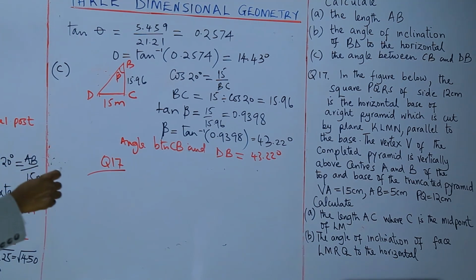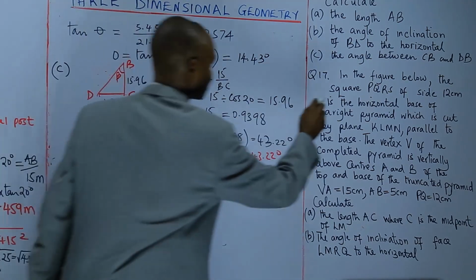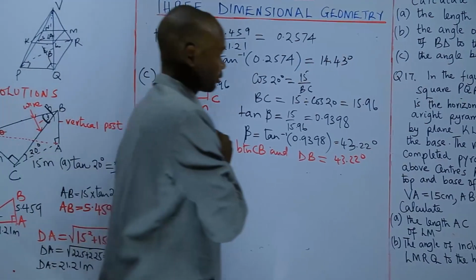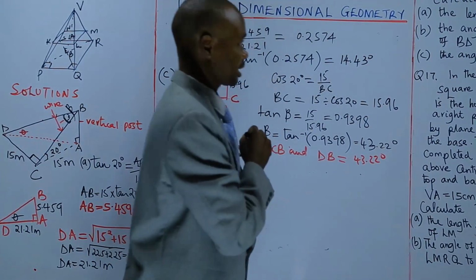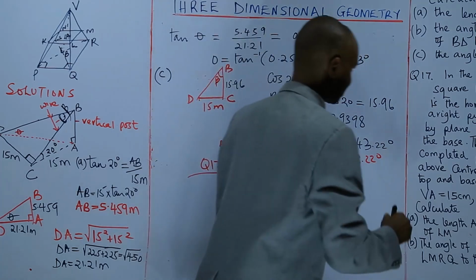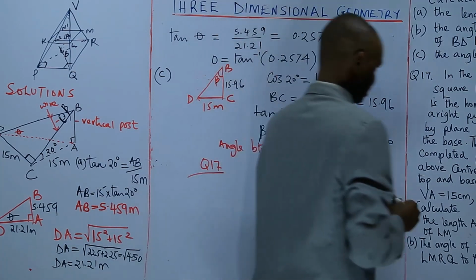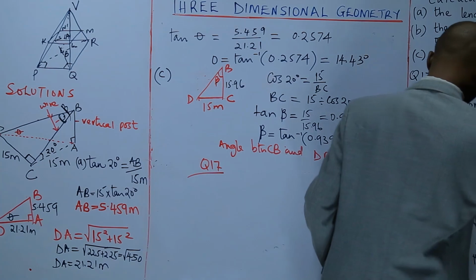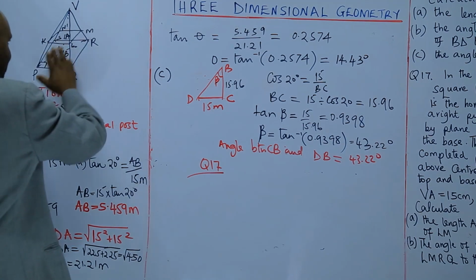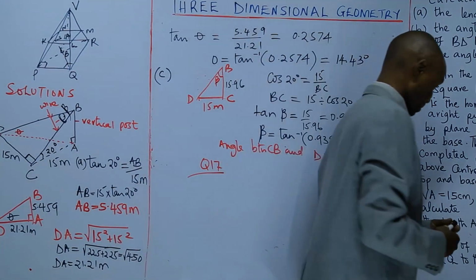PQRS is the base of a square, the horizontal base of a right pyramid, which is cut by plane KLMN horizontally parallel to the base, and there is a vertex V. The vertex V of the complete pyramid is vertically above the centers A and B. A is the center of that horizontal plane, and B is the center of that square base of the pyramid.